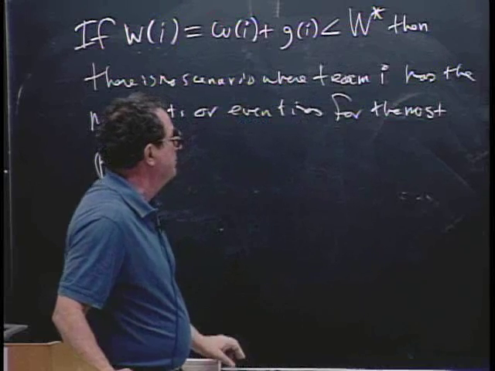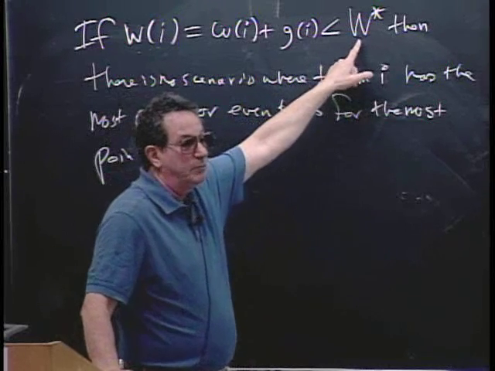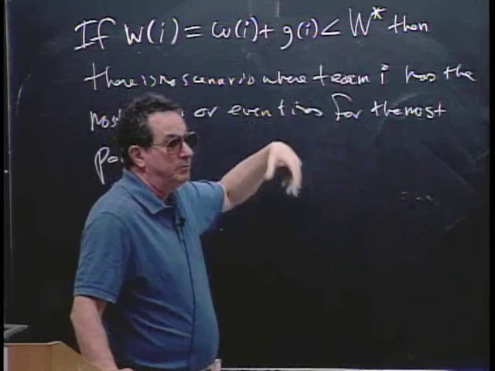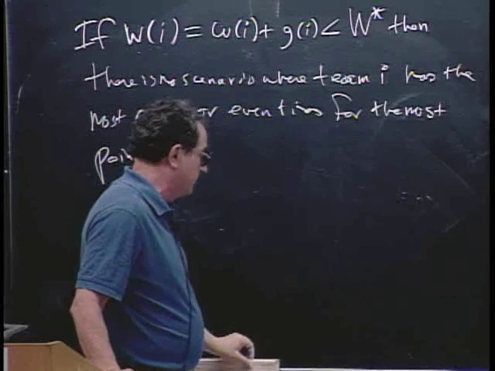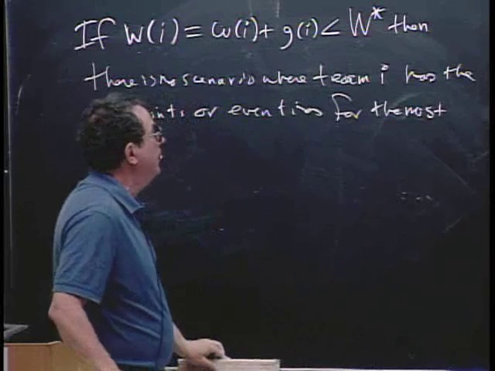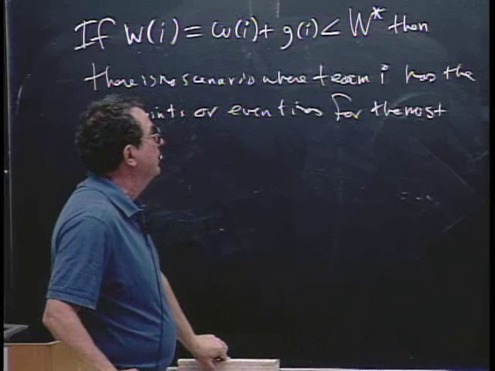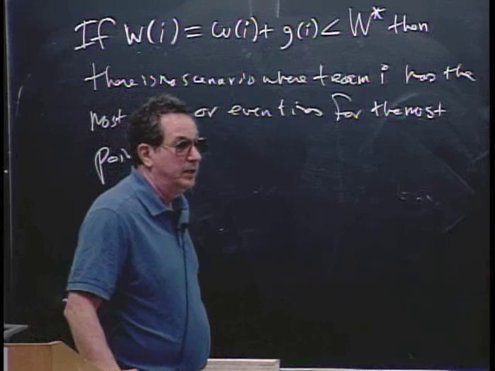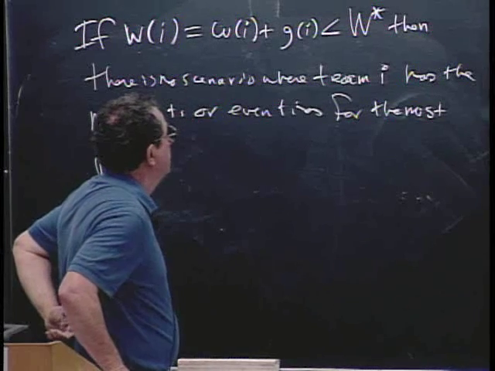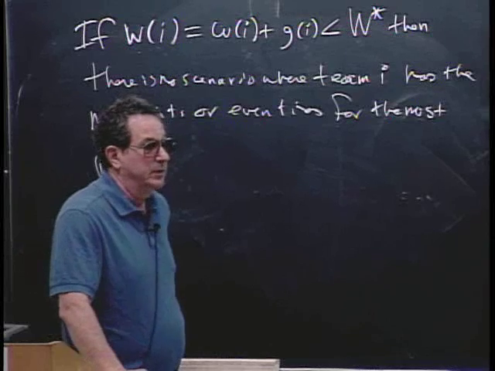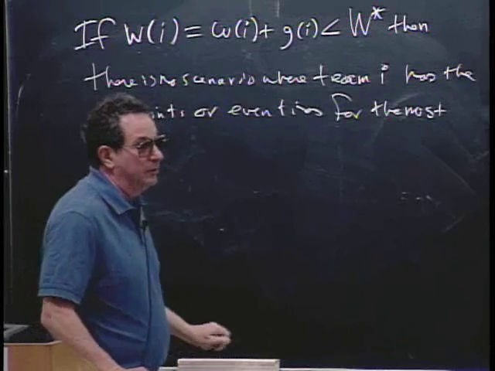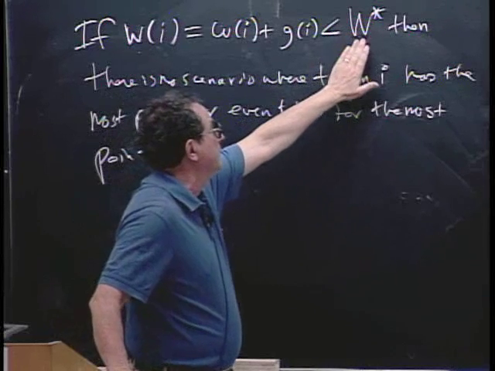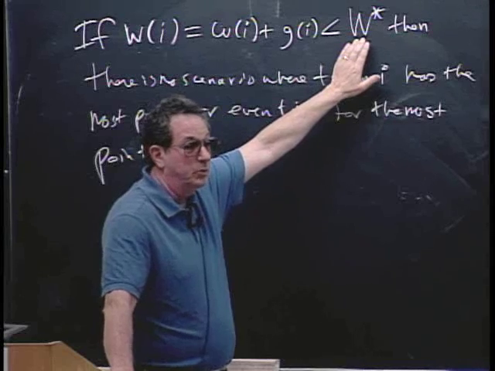It's defined as the minimum over WS, where S is a scenario. It's the minimum over all possible values WS over all scenarios. WS is the highest number of points that a team wins when we have scenario S. So in every possible scenario S, somebody is getting W star or more points.